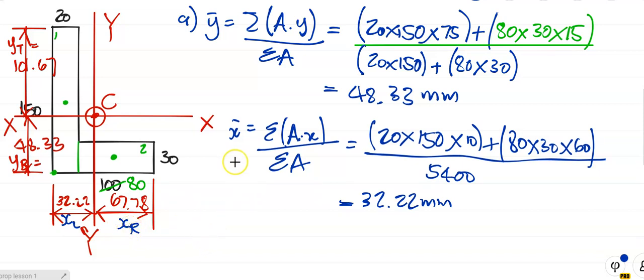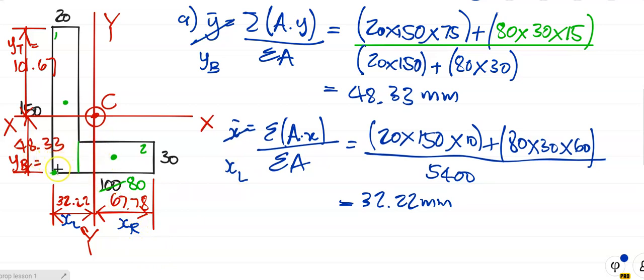So from this point onwards, we're not going to call it bar x, bar y anymore. That's going to be called y bottom. That's going to be called x left.